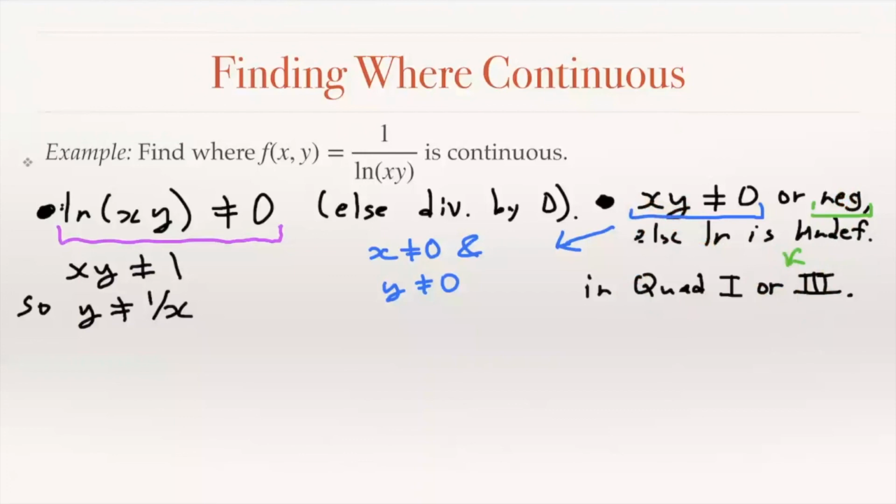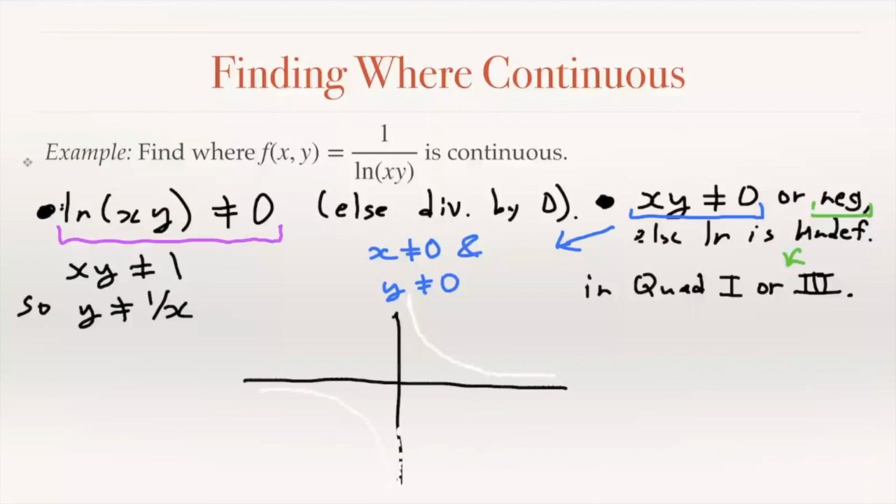Putting these together, that's the domain and where it's continuous. We see that y cannot equal 1 over x, so these points are excluded, and we are in quadrants 1 or 3.